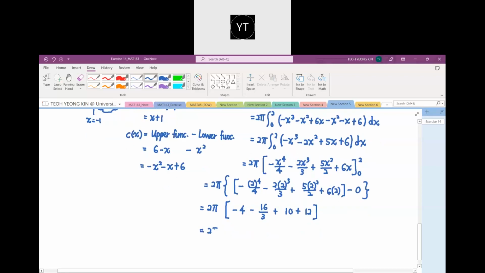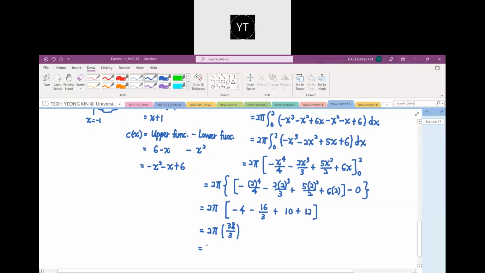So finally, 2 pi times negative 4 minus 16 over 3 plus 10 plus 12. So this is 38 over 3.